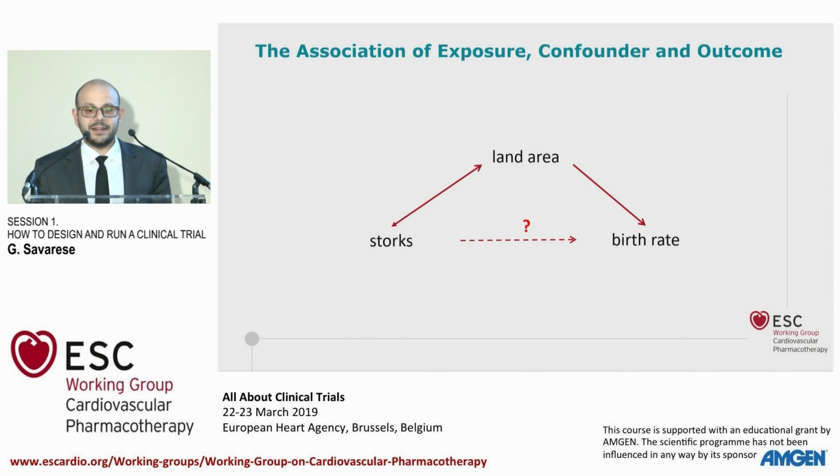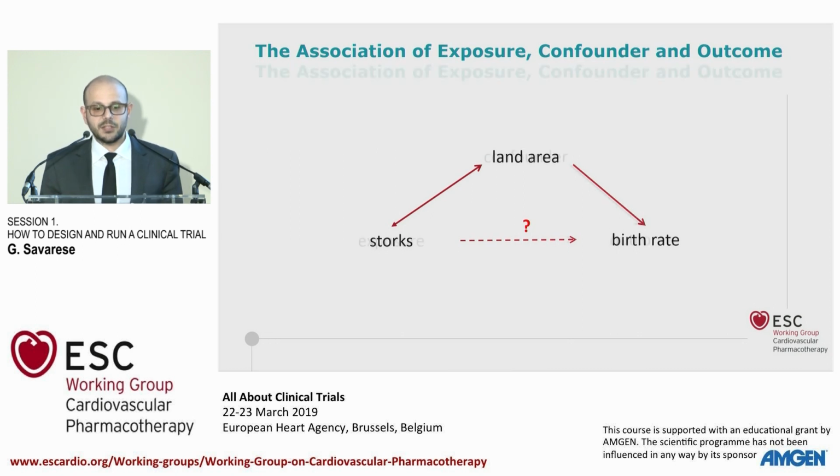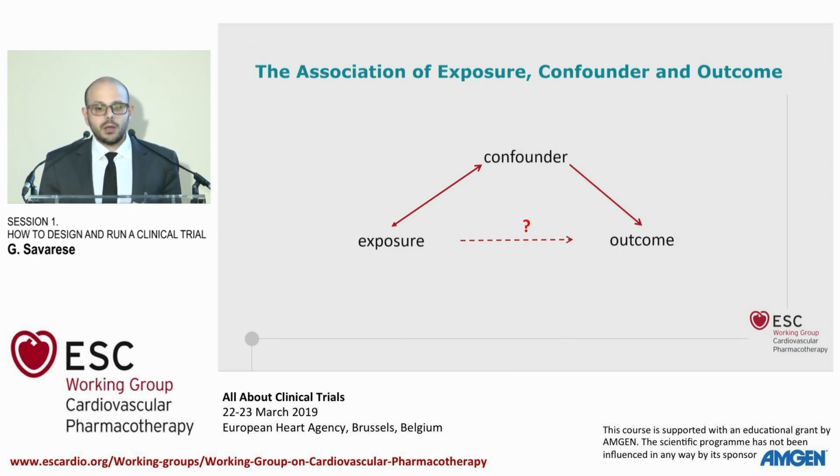The confounder may be the land area. Of course, there are more storks in larger towns because they have more space to live in. And if the land area is larger, more people will live there, and so there will be more newborns. So, of course, there is an important confounder in this association, and this is land area. So this is very useful to define a confounder. A confounder is a variable that affects both the exposure and the outcome.